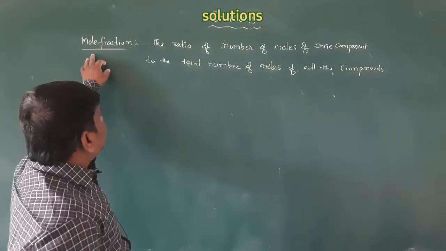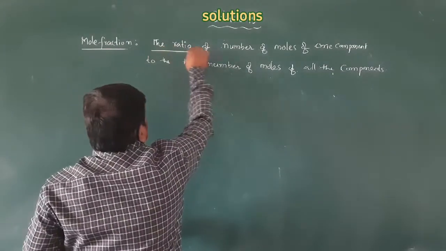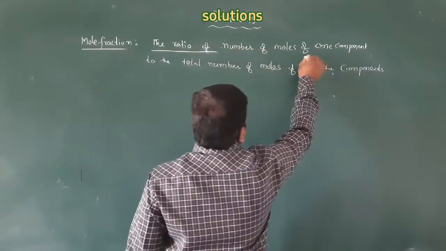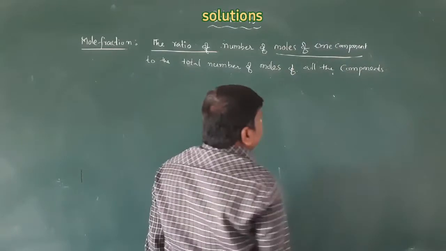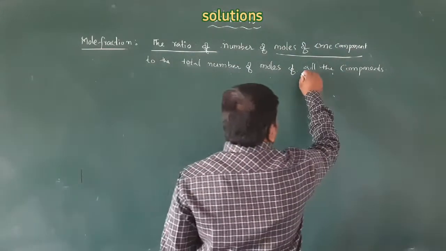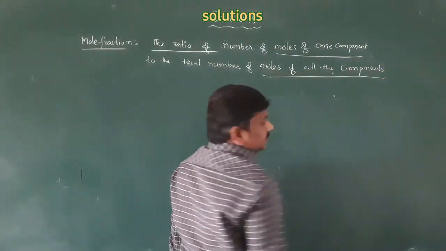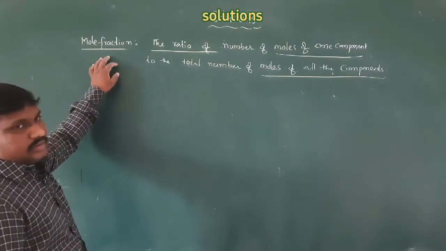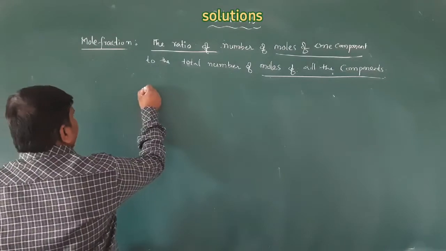So what is the mole fraction? It is a ratio of the number of moles of one component to the moles of all the components, and it is called mole fraction. It is denoted by x.